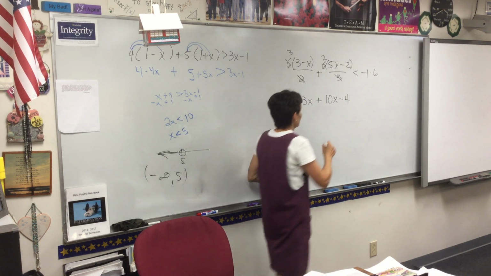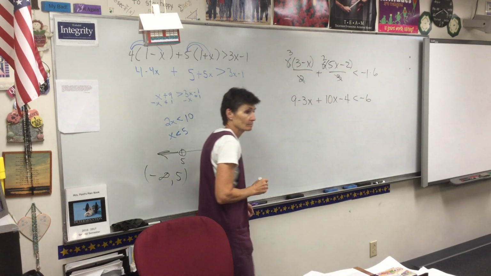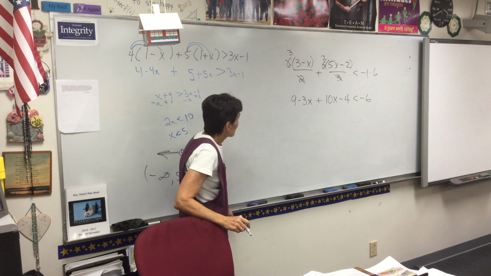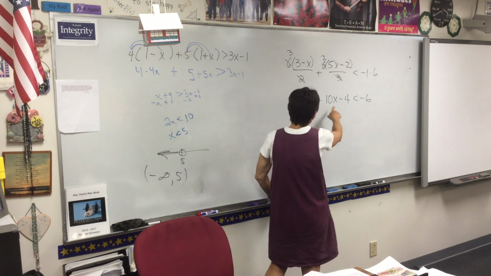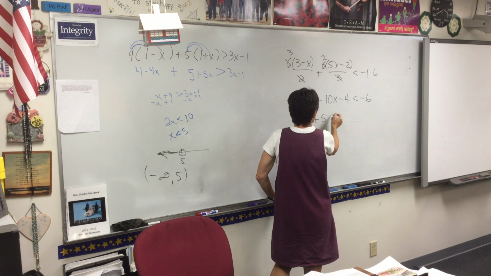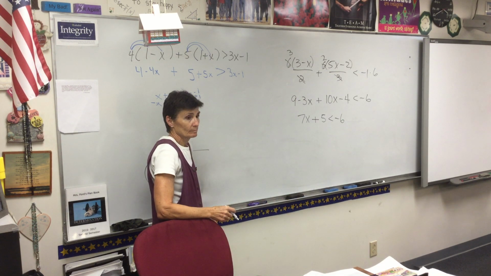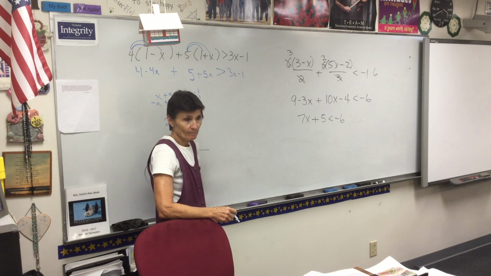Yes. And then less than -6. Collect like terms, so it looks like I've got a 7x plus 5. Just adding up like terms.